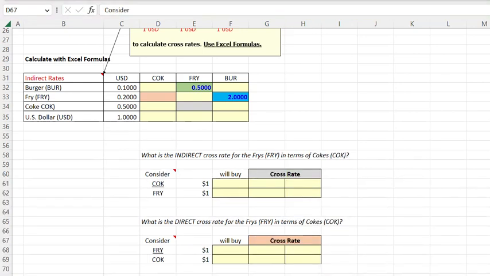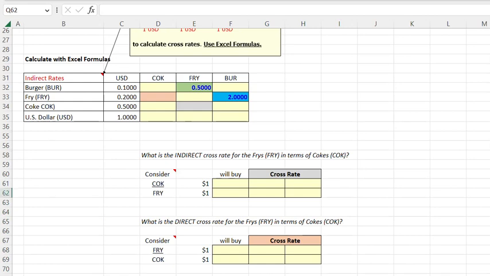Let's go ahead now and calculate an indirect cross rate for fries in terms of Cokes. Again, indirect rate, we want the fries in the denominator. We're also going to calculate the direct cross rate for fries in terms of Cokes, in which case we want fries in the numerator and Coke in the denominator. Let's begin.